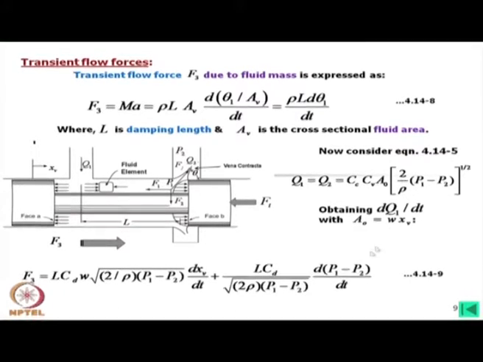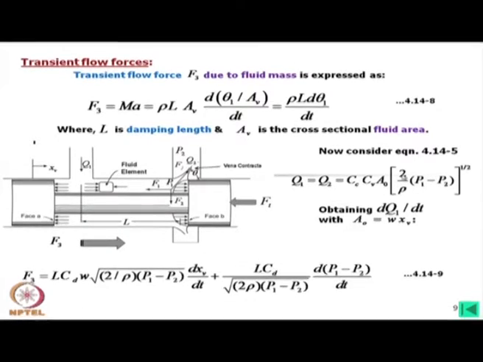This is a constant, so this will be 2 by rho here. 2 into half, that means 2 by 2 will cancel, and then outside there will be a rho. That rho if you bring inside, it will become root rho square, which will cancel with 1 by rho. So, ultimately it will become 2 rho.